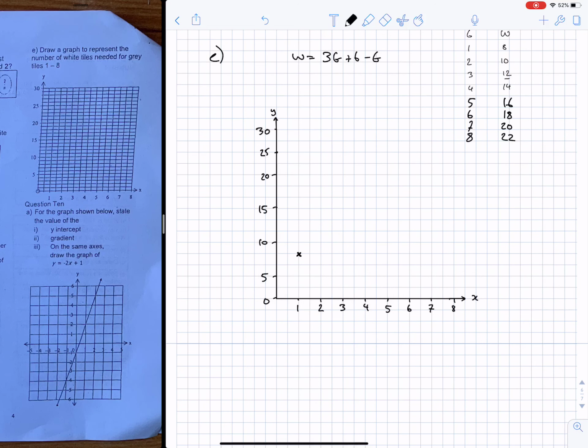Number 2 is 10. Right there. Number 3 is 12, which I'd say is right there. Number 4 is 14. Number 5 is 16.